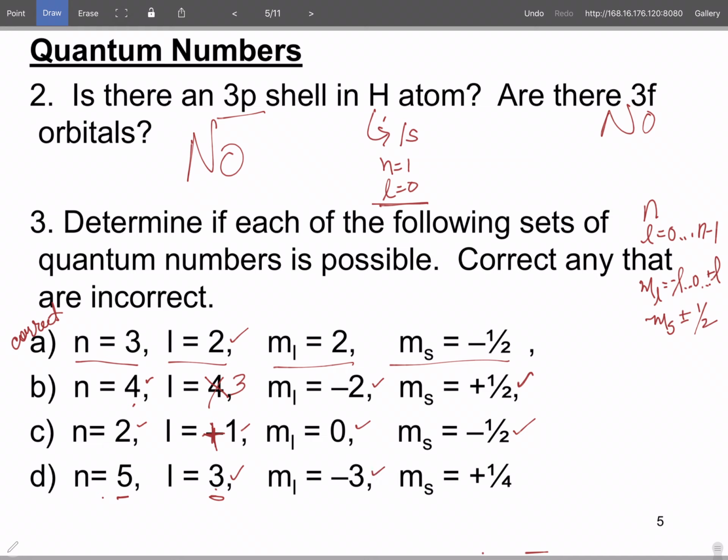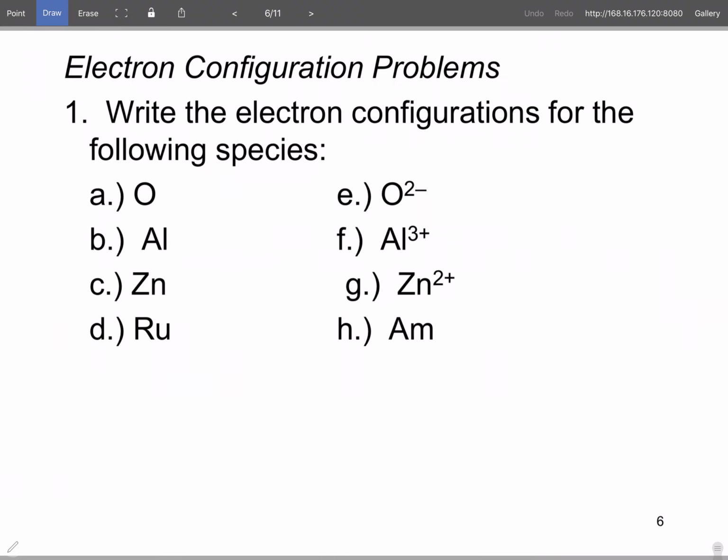And then we have M sub S is equal to plus 1/4. No, we could go with plus a half or minus a half. It doesn't matter, and we're good to go. So basically, in these, and you're most likely to see this in the multiple choice format, which of these would be possible or which one would not be possible. So watch for possible versus not possible.